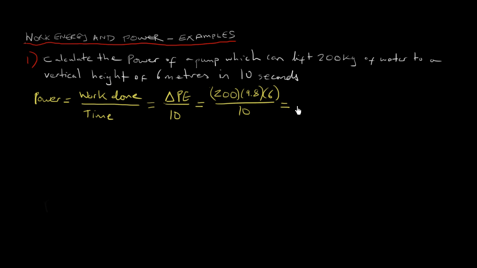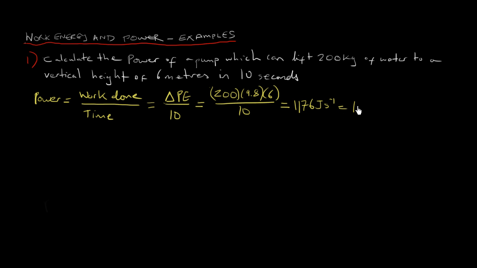So let's calculate this. It is 200 times 9.8 times 6, 1176 watts, and the units of power is joules per second, which is the same thing as a watt.